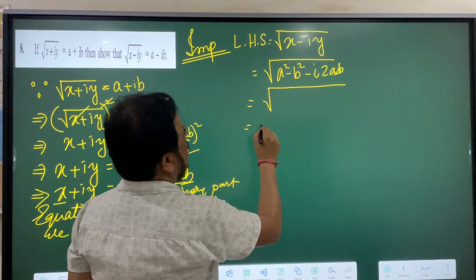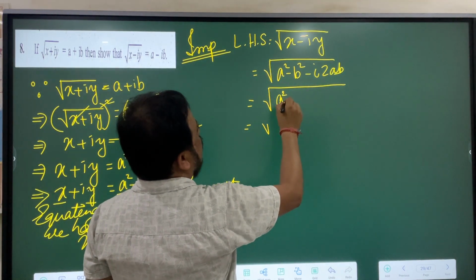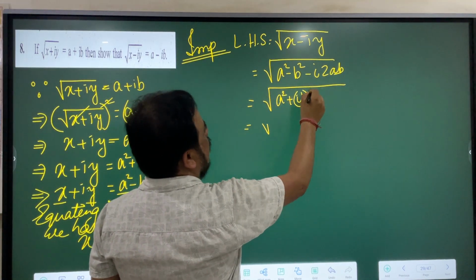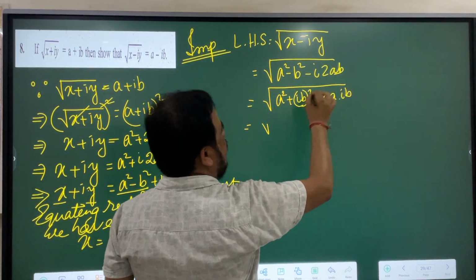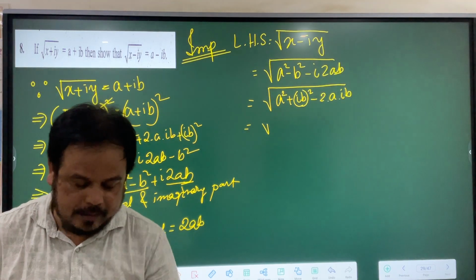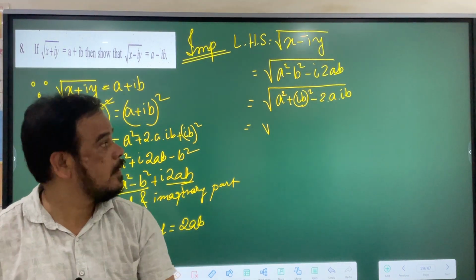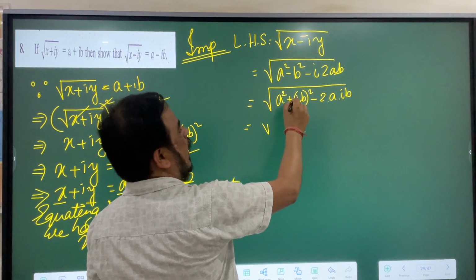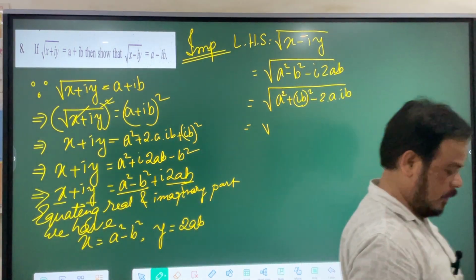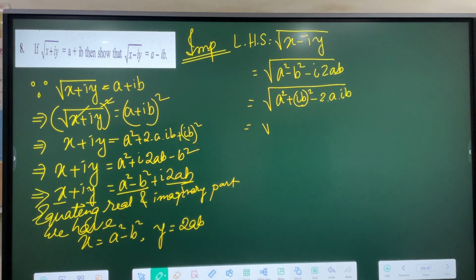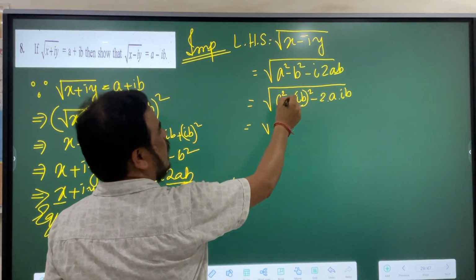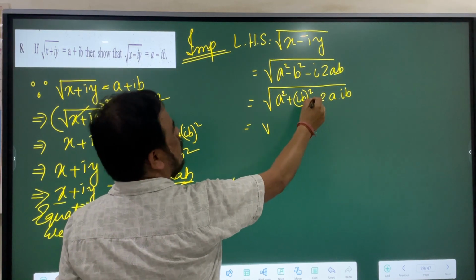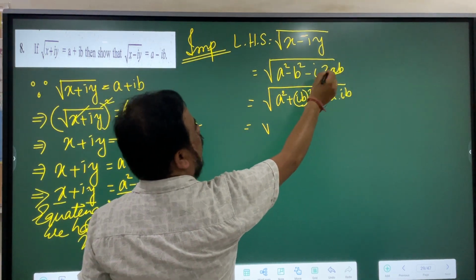So let us try a square plus ib square minus 2 dot a dot ib. Same calculation. a square is a square, i square is minus 1, minus 1 into minus b square is b square, minus 2aib.